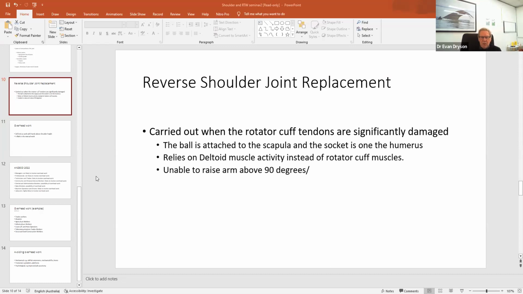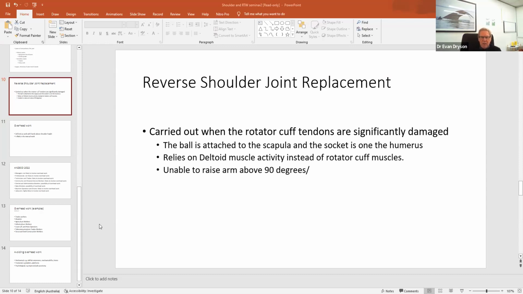So what you can do if the rotator cuff tendons aren't working and you're getting a lot of pain from the joint, you can do a reverse shoulder joint replacement. Now that means that the ball, instead of being on the top of the humerus, is now on the scapula, and the socket is now on the end of the humerus. So it's reversed. Very good results in terms of pain relief and good results in terms of function.